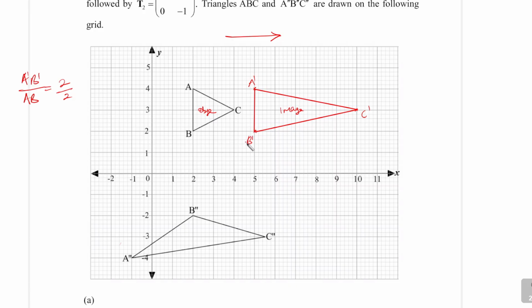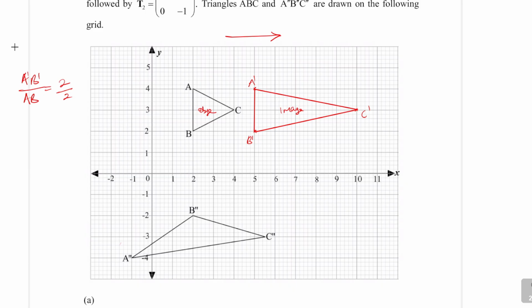And then another property of a stretch is that there is always a constant scale factor. I want you to look at the points A to A prime, and C to C prime there.